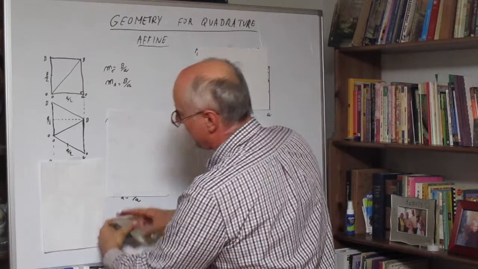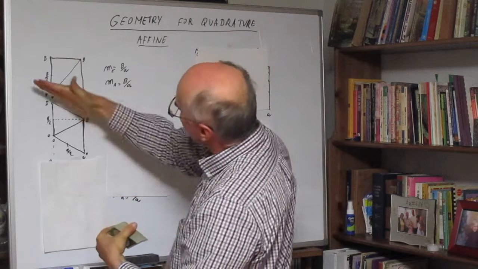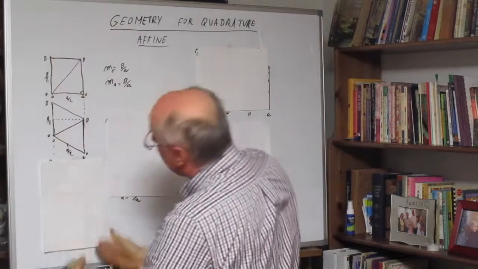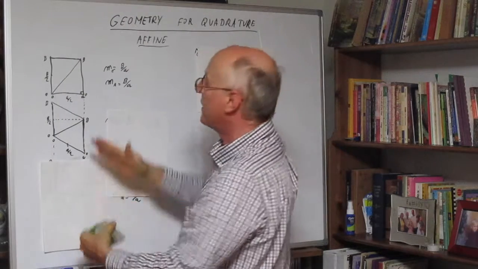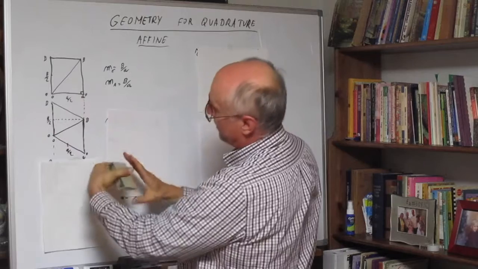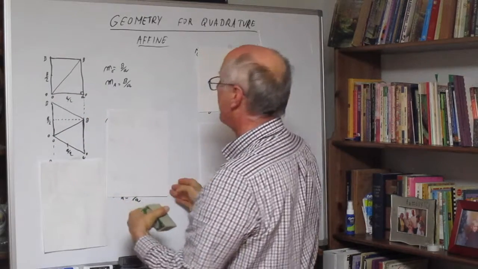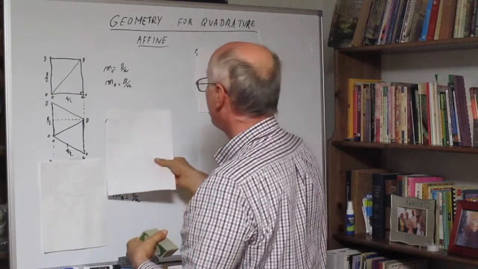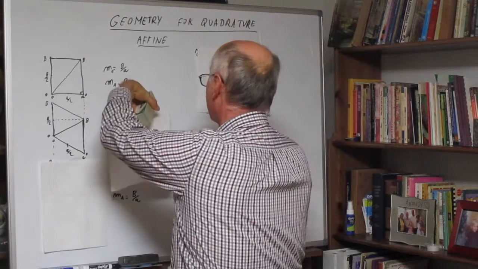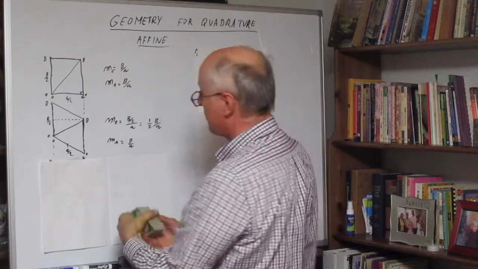It's a Cavalieri shift. And in affine geometry, we maintain strict parallelism this way, up and down, and we also have parallelism this way. So it's linear. So let's look at this situation here.